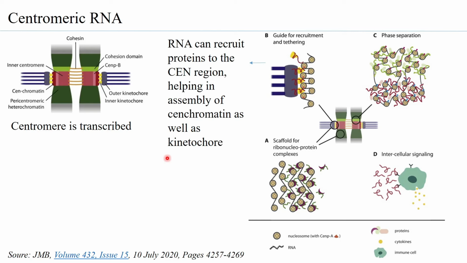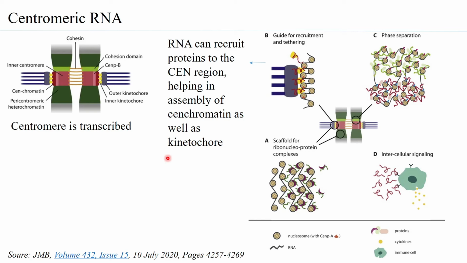These are the proposed functions. There are still a lot more studies that need to be done to actually identify how the RNA contributes, but these are certain things that have been hypothesized, and there is definitely proof of the fact that there is RNA associated with the centromere.